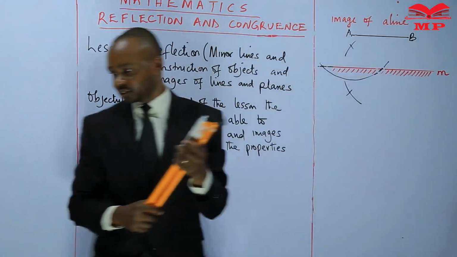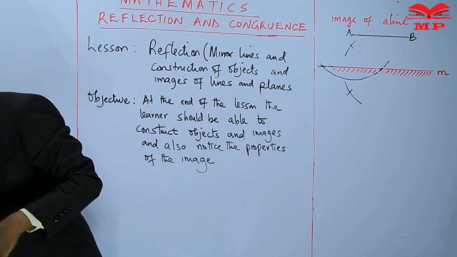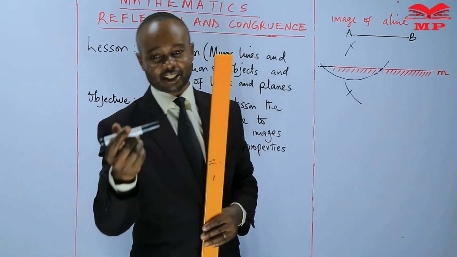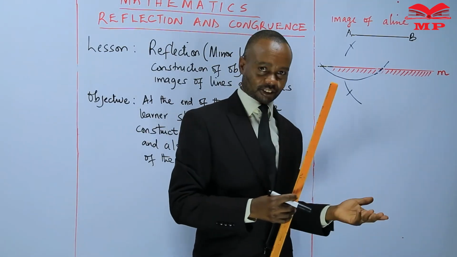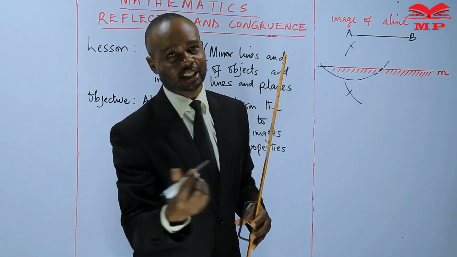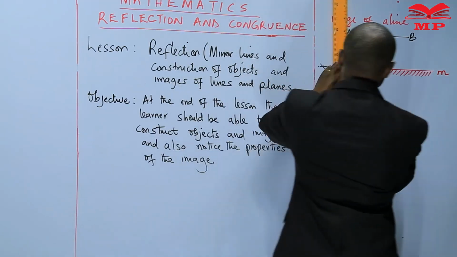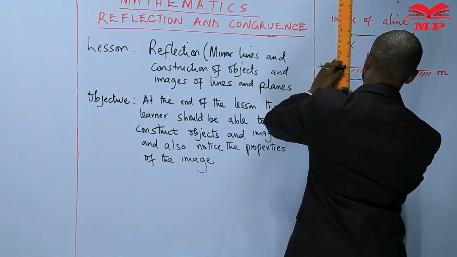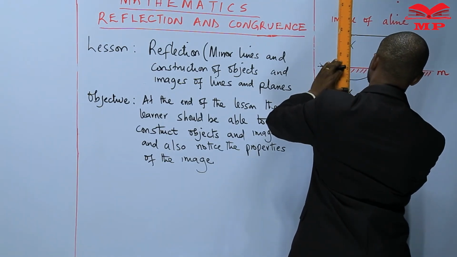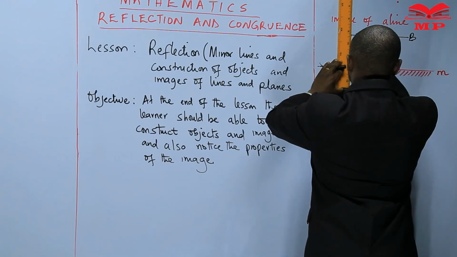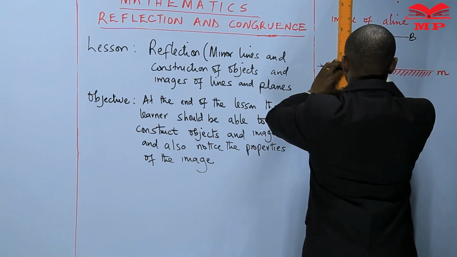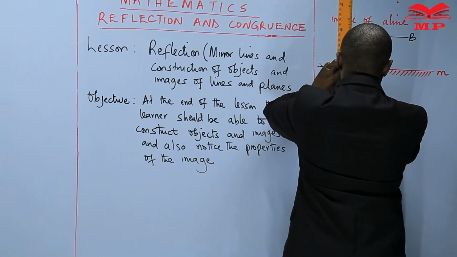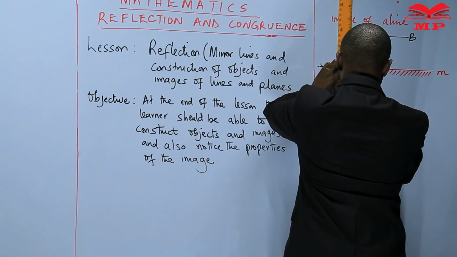After getting that, take your ruler, and I said you are using one of the properties to get that, the distance of the image from the mirror and the distance of the object. Actually, we shall get that they'll be equal. So after doing that, prolong a line, and you'll notice it will be perpendicular. In front of the mirror, make it continuous. Behind the polished side, make it dotted.